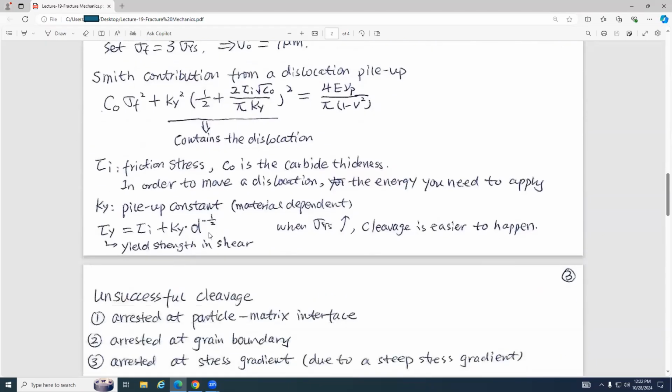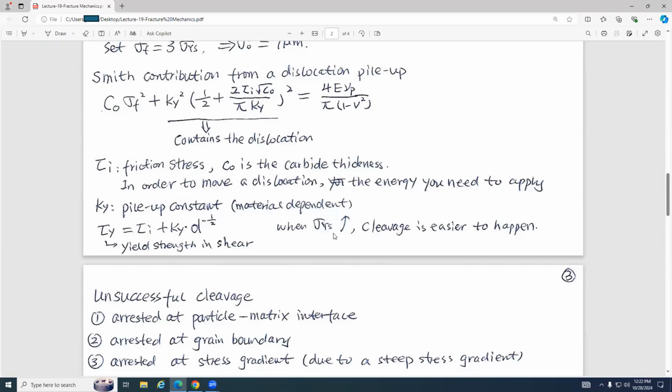Questions so far? So when sigma y, the yield strength, goes up, cleavage is easier to happen. Why is this true, guys? Can somebody tell me? Sigma y is the yield strength, right?